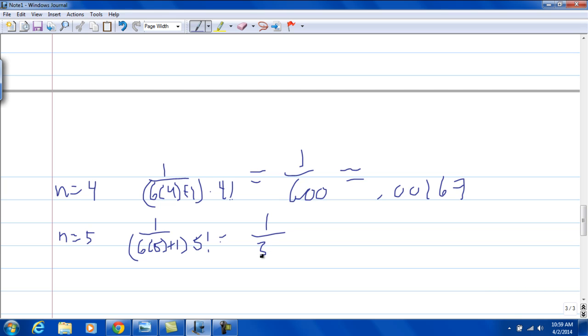I get 3720. 1 divided by 3720 is going to be approximately 0.000268882. So we're getting close.